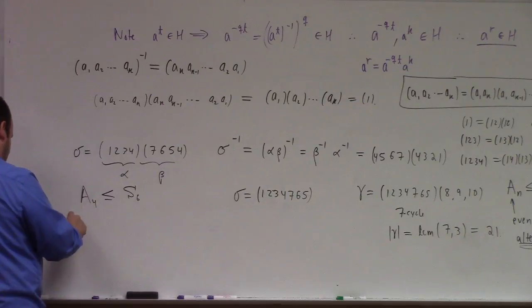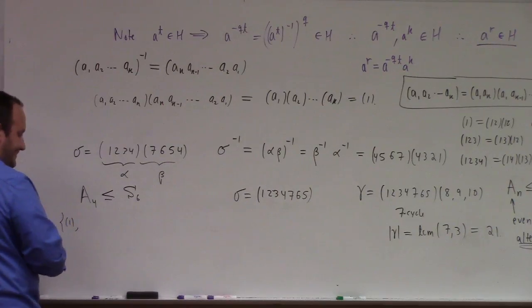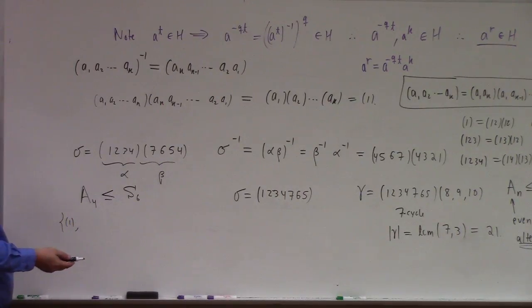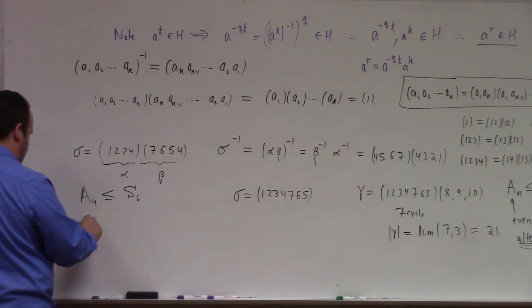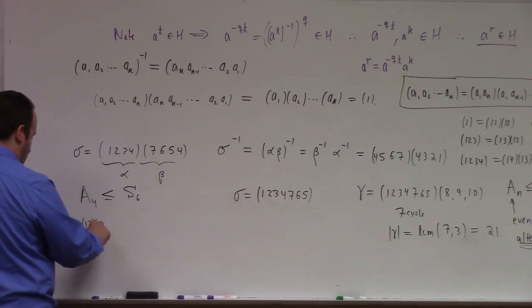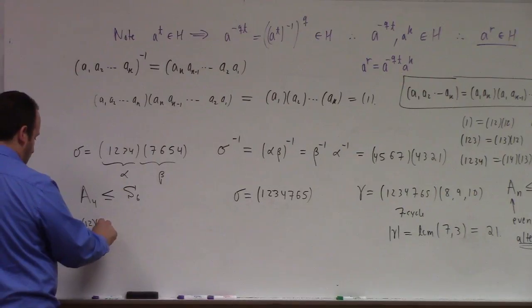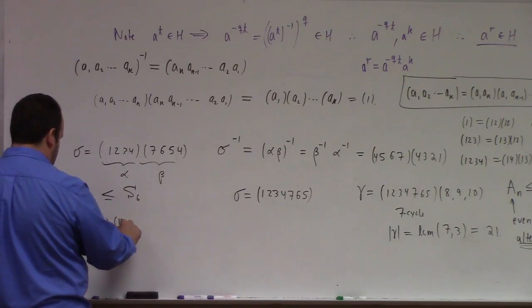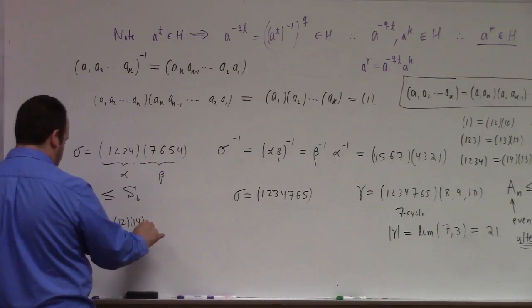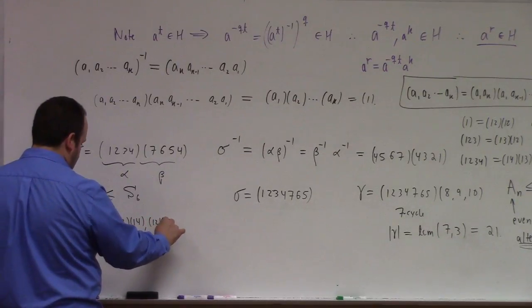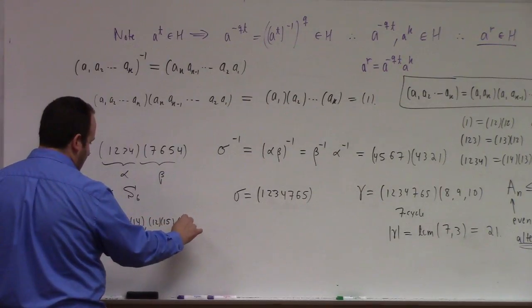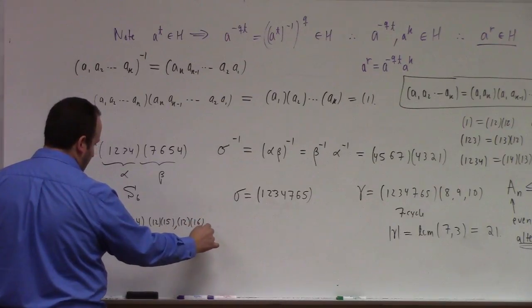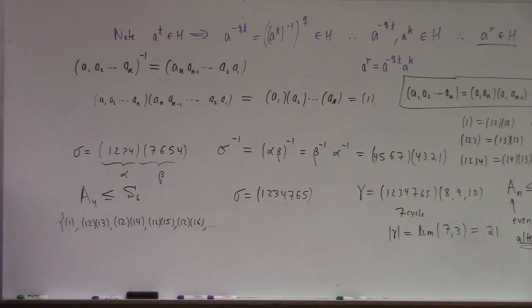A4 has things like the identity, because the identity is even. And in S6, it also has stuff like 1, 2, 1, 3, or 1, 2, 1, 4, or 1, 2, 1, 5. I'm not sure this is going to get us anywhere. There's a lot of things in S6.